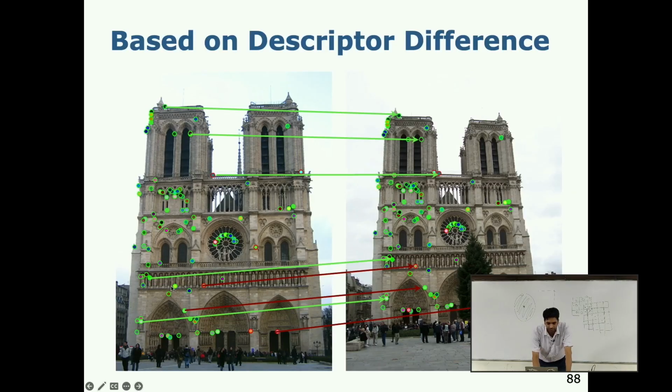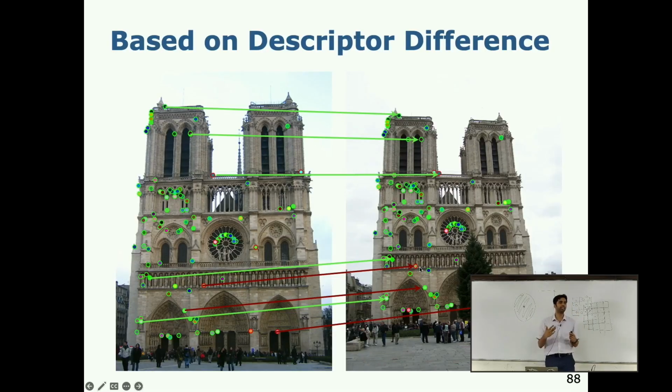This structure on this part of the church is very repetitive. If you zoom into very local areas of that image, there are some kind of statues. At this image resolution, it's very difficult to distinguish one of these statues from another statue right next to it. When you have visually repeating structures, their local descriptors will look very similar. That's the reason why one of these key points got matched to another statue, which looks very similar as far as the descriptor is concerned.